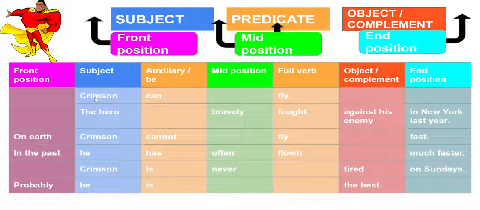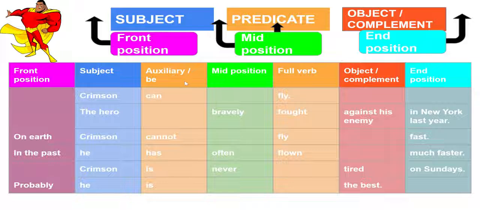I will start with a sentence that does not include any adverb or adverbial at this moment. And this is: Crimson can fly. I have included this sentence because there is this little word "can" here, which is a so-called auxiliary, and it helps me to show you that sometimes a predicate consists of two or more words, the auxiliary and the full verb.